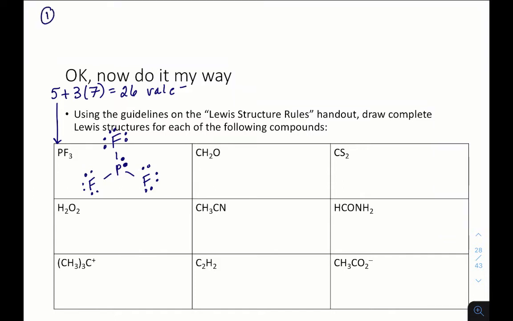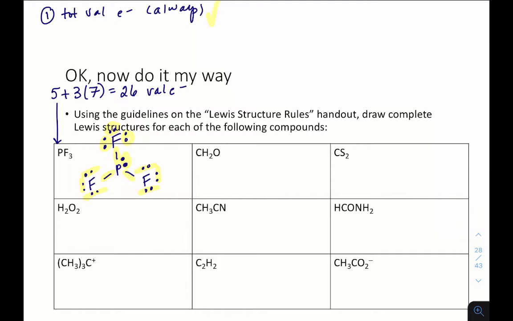We need to do some checking. We first need to check our total valence electrons. This must always be true. If our structure doesn't have the right number of valence electrons, then we have drawn it incorrectly. 2, 4, 6, 8, 10, 12, 14, 16, 18, 20, 22, 24, 26.